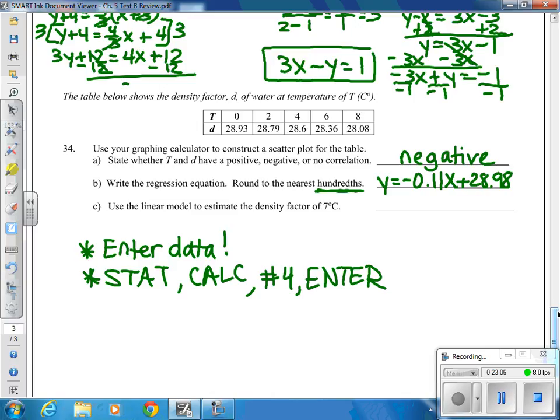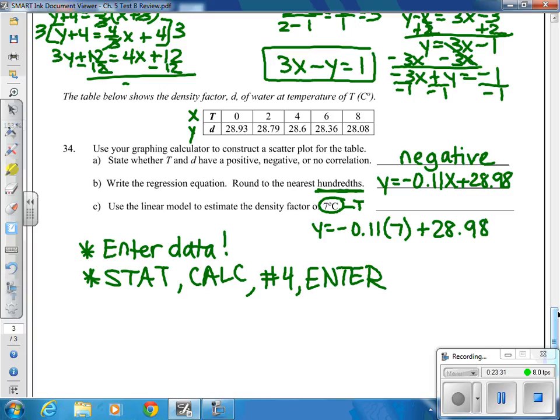Now to answer letter C, you have to use the equation from letter B to figure out what 7 degrees Celsius would be. 7 degrees Celsius represents your T, right? Which in our case, remember the top one is X, the bottom one was Y. So T is my X value. So in place of X, I need to put the number 7 and calculate the math. So this will be Y equals negative 0.11 times 7 plus 28.98.